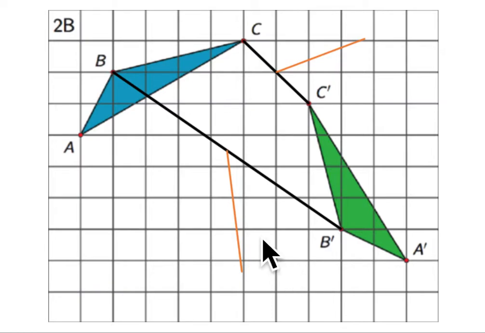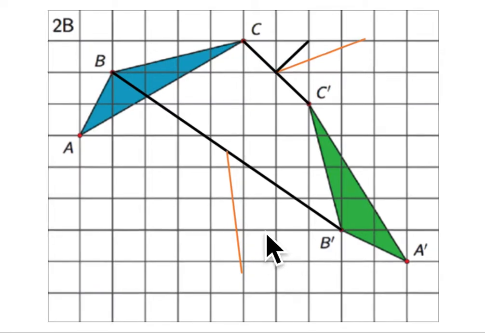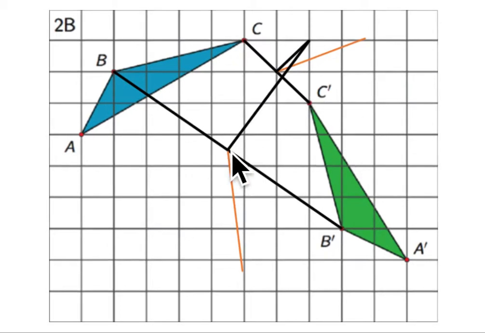Okay, once you have the midpoint, then you're going to draw a line that's perpendicular to the line that connects the corresponding points. Perpendicular means a line at a right angle. So this line right here that I'm drawing is at a right angle to the line segment that connects the corresponding points. And this line is at a right angle, perpendicular, to the line segment that connects B to B prime.